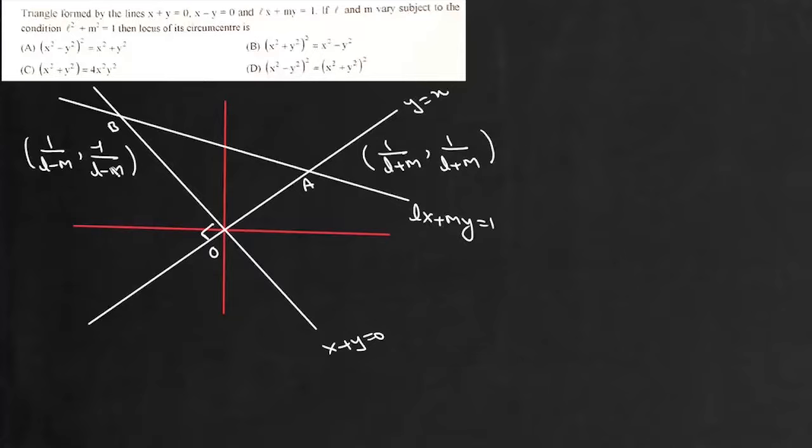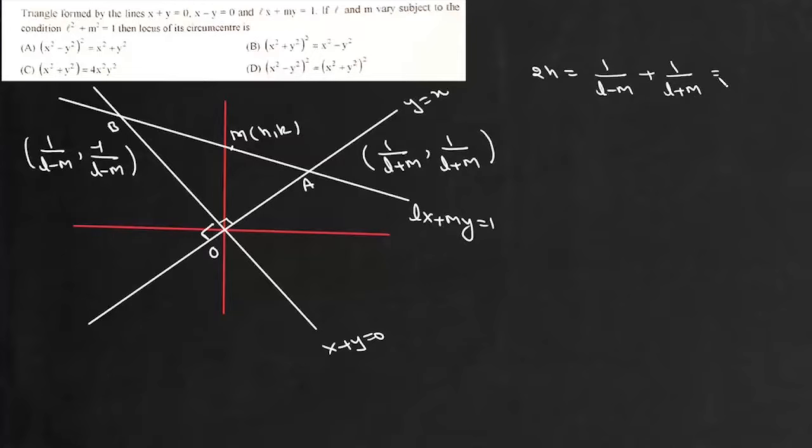Now we have to find the locus of the circumcenter. Now this is a right angle triangle, so its circumcenter will be the midpoint of AB. So let this point be M, and suppose it is given by (h, k). So now we can write 2h equals 1 upon l minus m plus 1 upon l plus m.